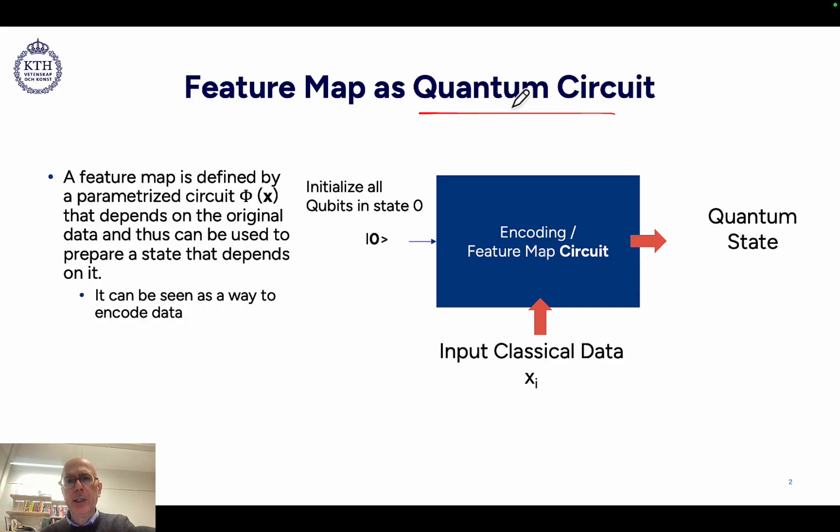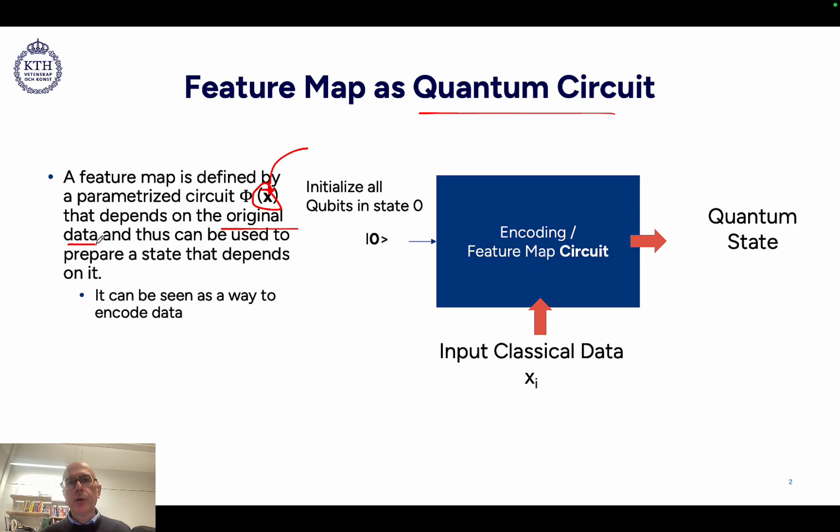It's parameterized because it contains gates that depend on parameters, for instance, angles, and is acting on an input feature vector called x. Our parameterized circuit depends on the original data because it takes it as an input of these parameterized gates and therefore can be used to prepare a quantum state that depends on our input feature vector.